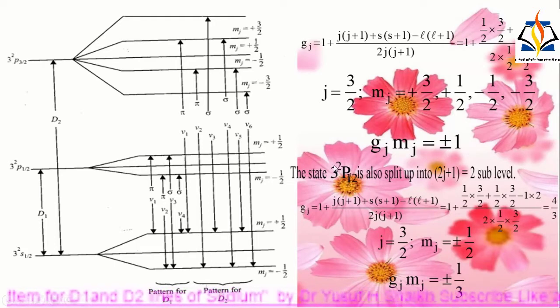The state 3 square P half is also split up into 2J plus 1, that is 2 sublevels, and g_J is equal to 1 plus [J(J plus 1) plus S(S plus 1) minus L(L plus 1)] divided by 2J(J plus 1).